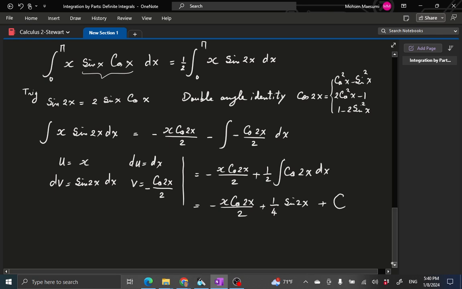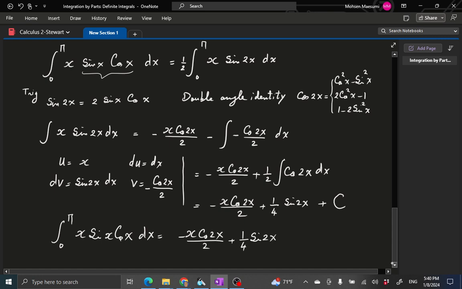So if I was doing from 0 to pi of x sine of x cosine of x dx, I just put all of this: minus x cosine of 2x over 2 plus a quarter of sine of 2x.